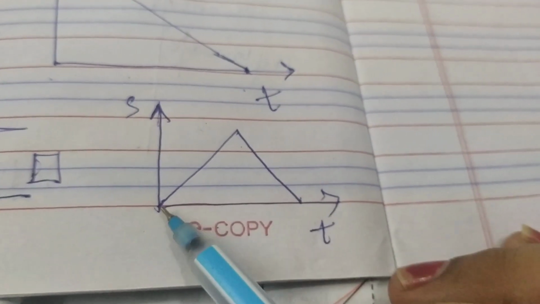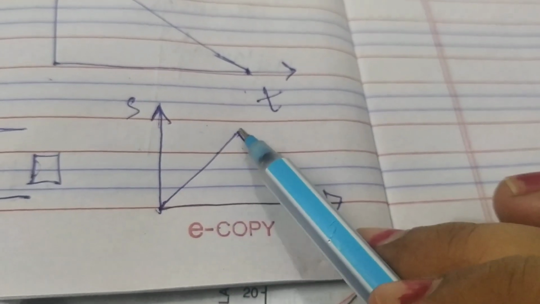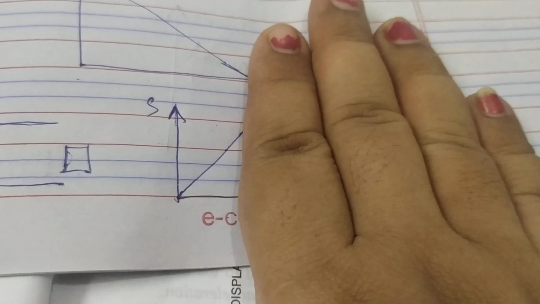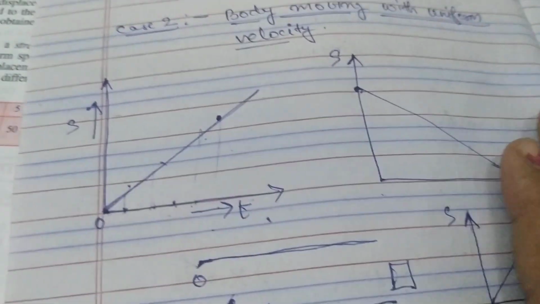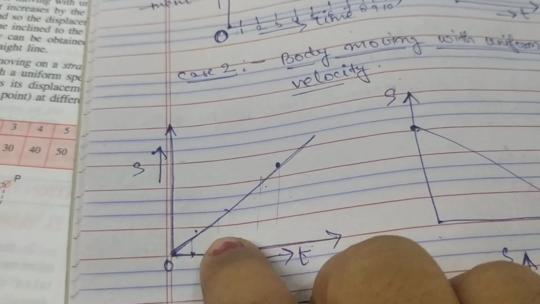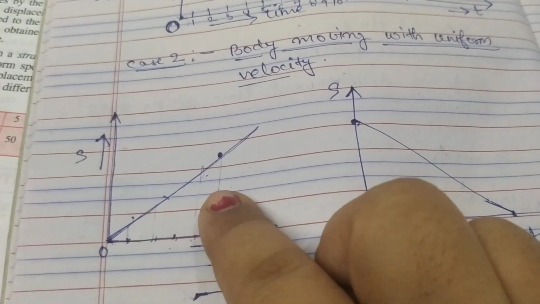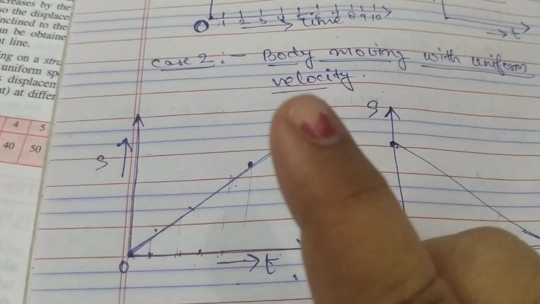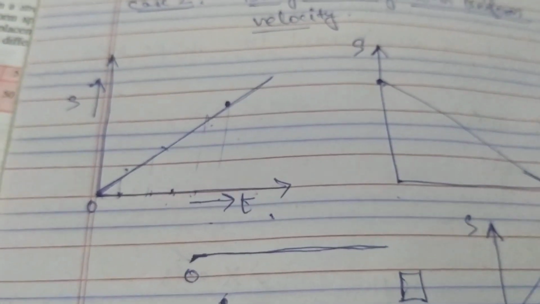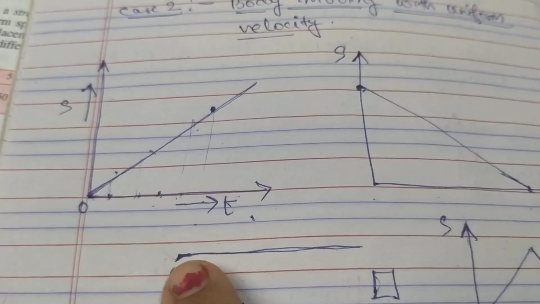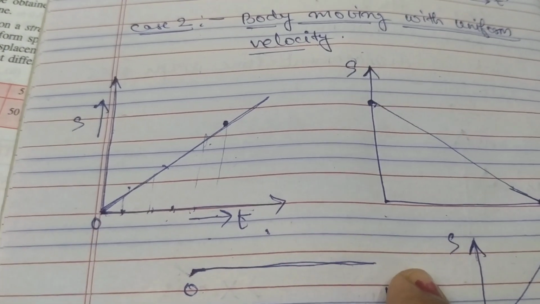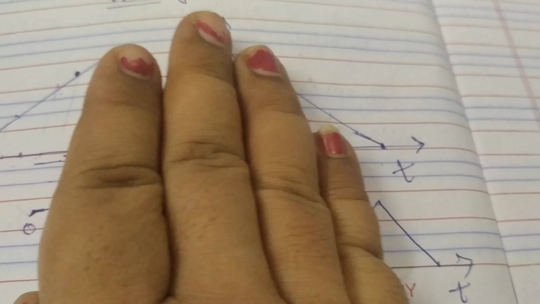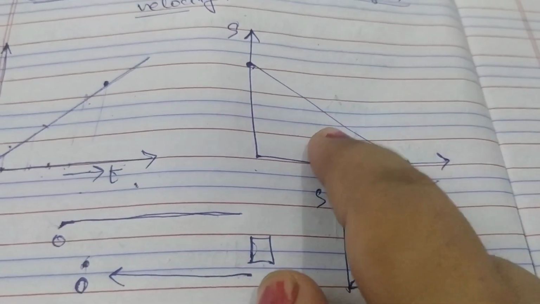See, this line, just see this much. Isn't it the same as this one? So what was it showing? As the time is increasing, the displacement is increasing. Displacement is increasing means that the body is going away from the origin, right? Now see this one. Isn't it similar to this?